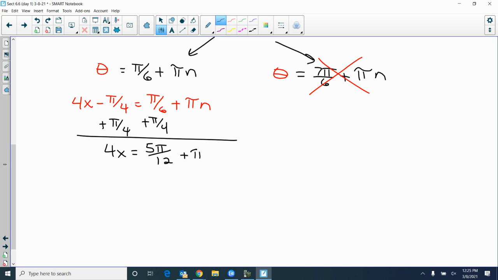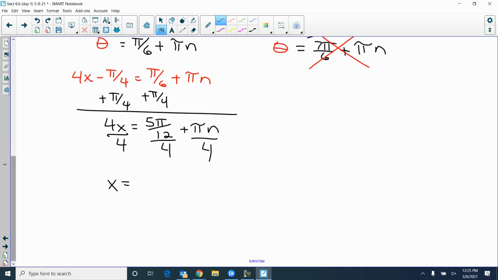plus pi n. But last step, divide everything by 4. And in this case, you do have to divide everything by 4. Just be careful here. 5 pi over 12, I'm just going to treat that as 5 12ths divided by 4, which is 5 over 12 times 1/4, which is 5 over 48.